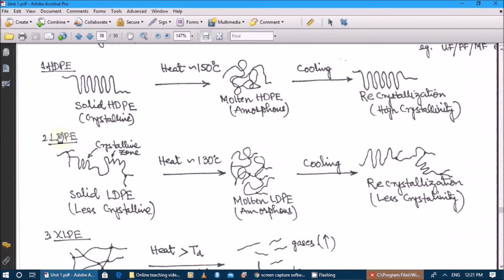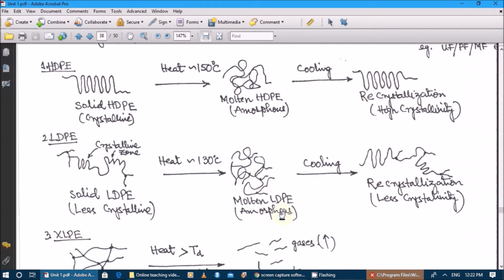Second example is LDPE, low density polyethylene. I already told you that low density polyethylene is a branched polymer, and it is less crystalline. So let's take solid LDPE pellets or granules and heat them up to their melting point, around 130 degrees centigrade.